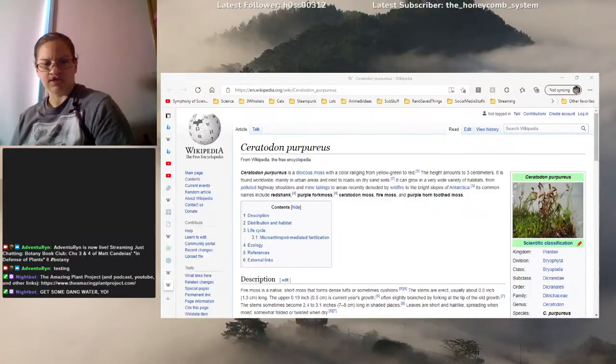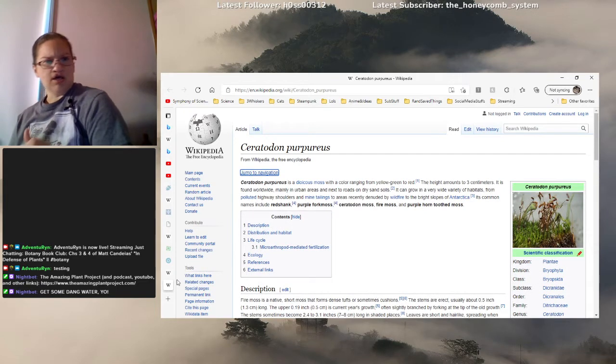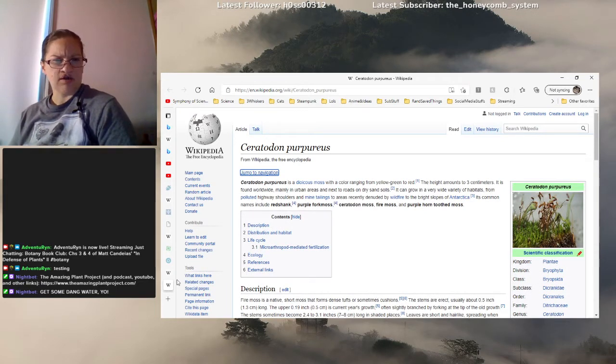Which, let me get back to this guy. Okay. Ceratodon purpureus goes from a yellow-green to red.